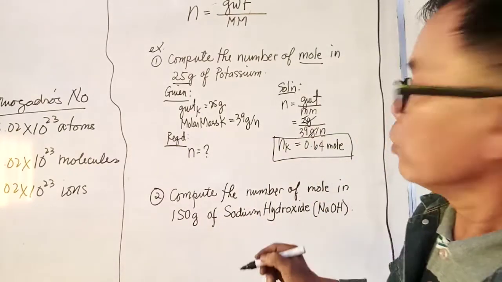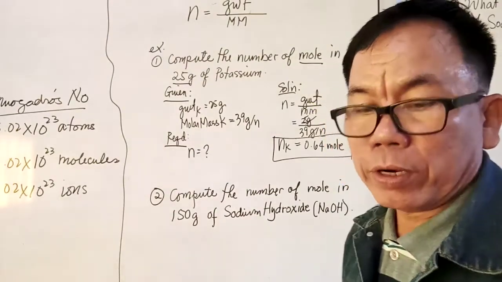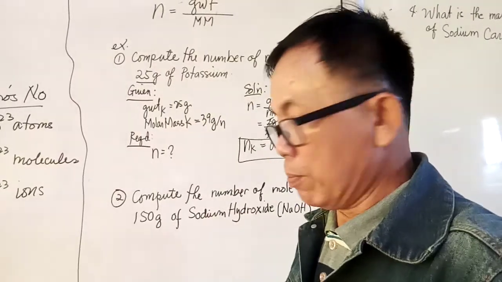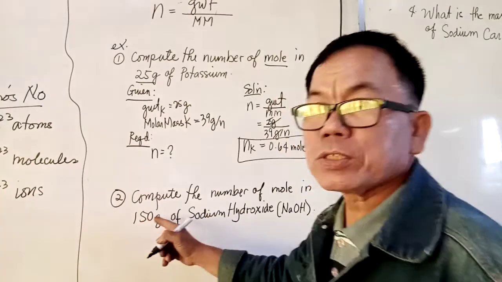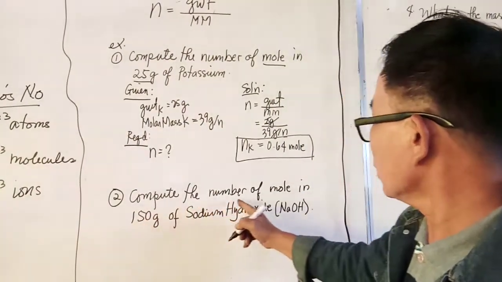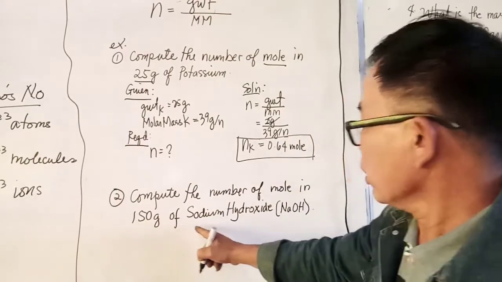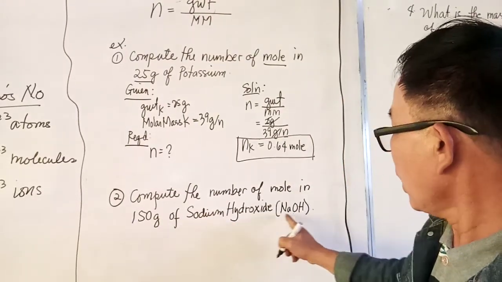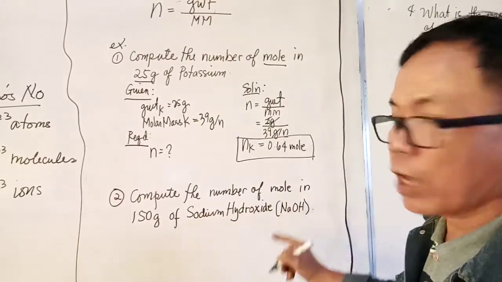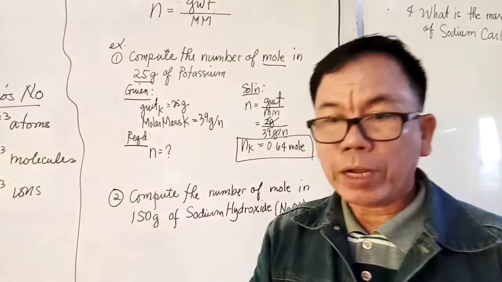Now let's consider another example, example number 2. Compute the number of mole in 150 grams of sodium hydroxide. This time we have an ionic substance.